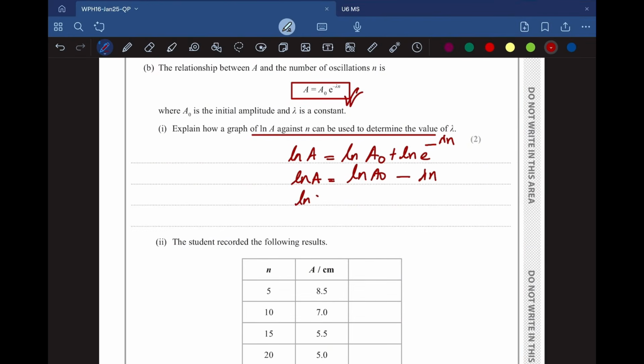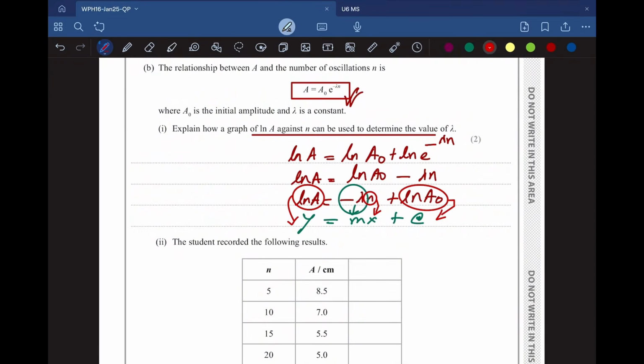And we can also write it like this: ln A equals minus lambda n plus ln A naught, which can be compared with y equals mx plus c. So this minus lambda is going to be my gradient, and this n is going to be my x-axis, and this ln A naught is my y-intercept, and this ln A is my y-axis, right?